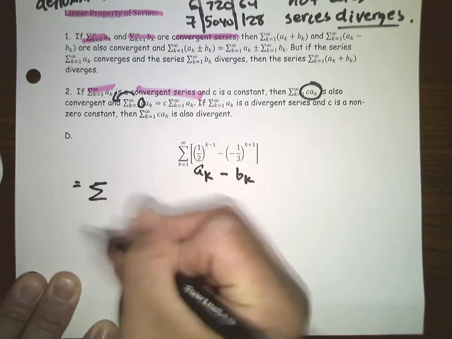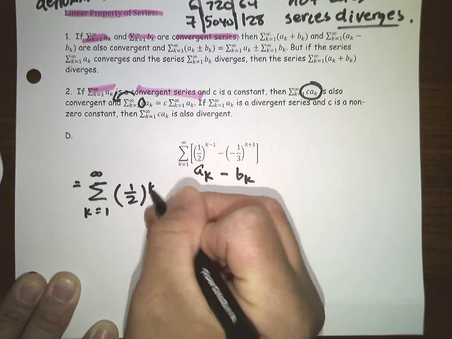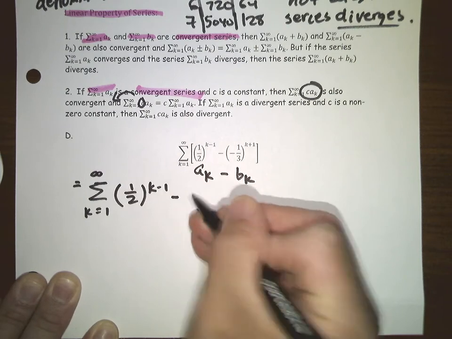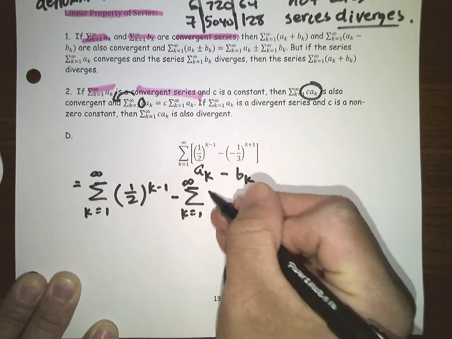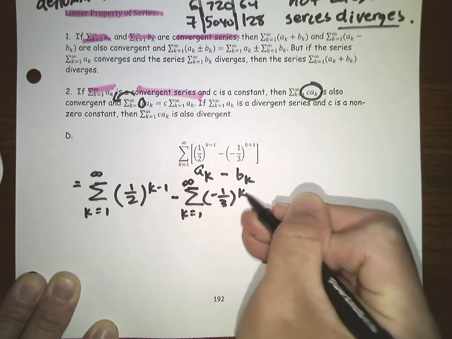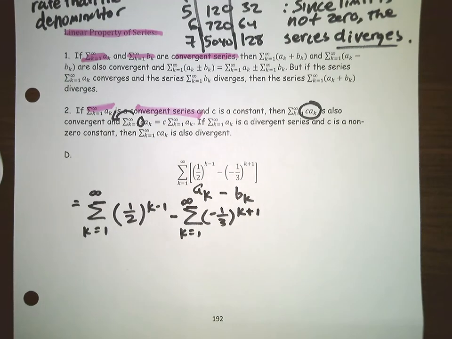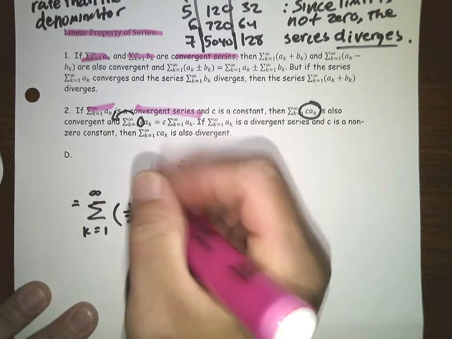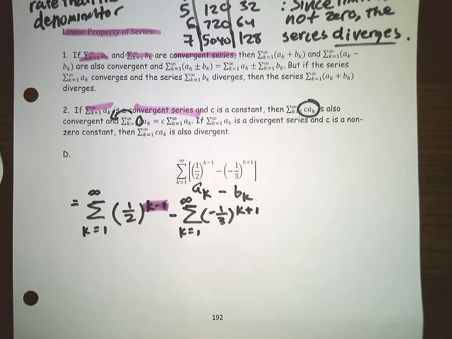So we have the sum k equals 1 to infinity of (1/2)^(k-1) minus the sum k equals 1 to infinity of (-1/3)^(k+1). I can already tell that this first one is geometric because the exponent on the base is k minus 1.